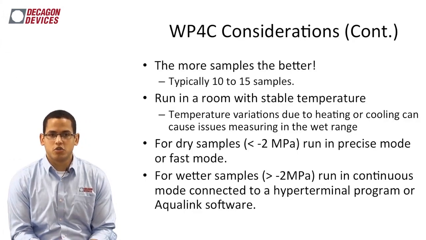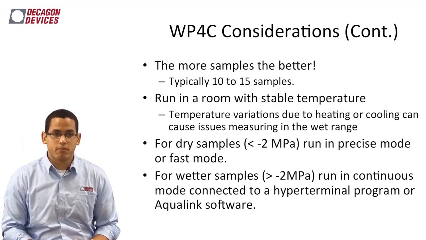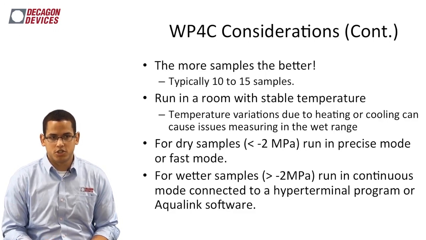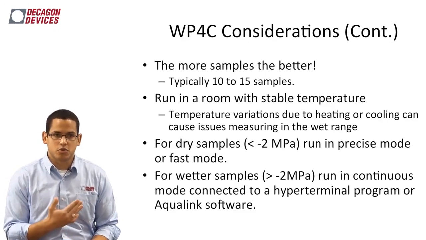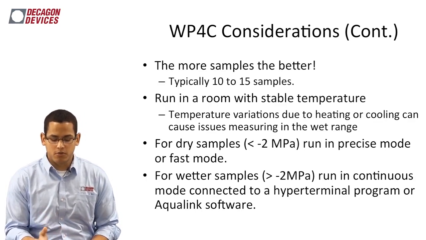And typically when you're doing this, it helps to have the WP4C connected to your computer. You can use a HyperTerminal program, or you can also use the Aqualink software to watch the changes in water potential. And what you'll do is run it in continuous mode and watch for stable measurements.